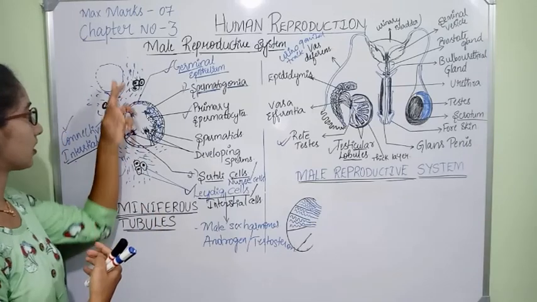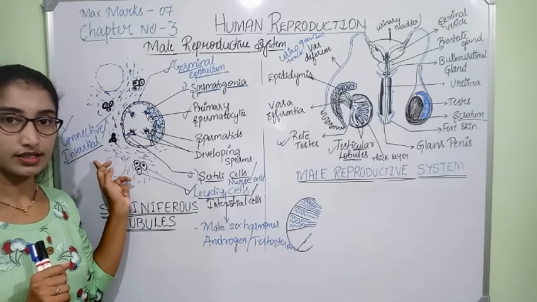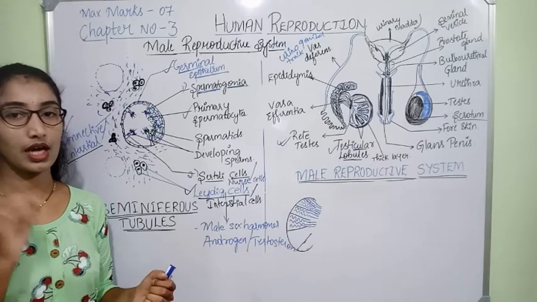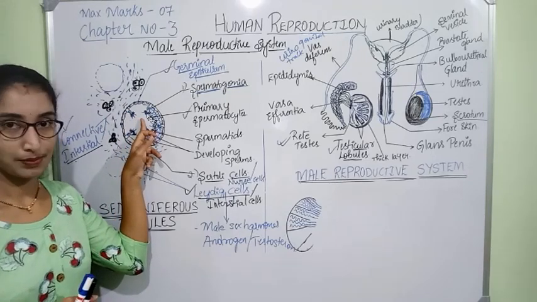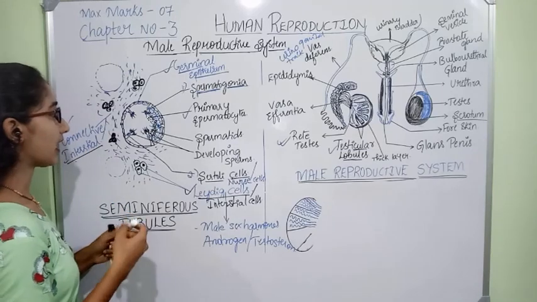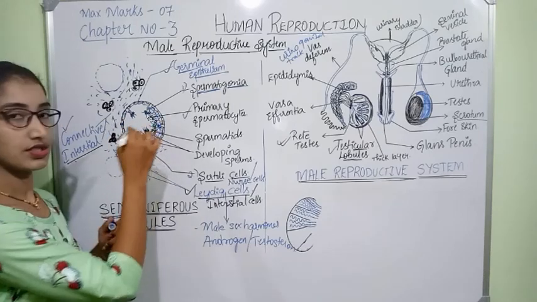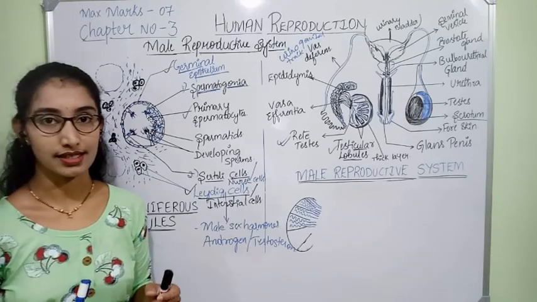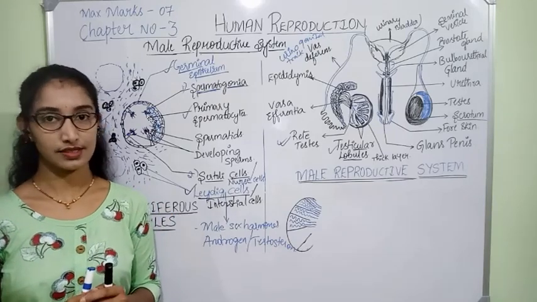The seminiferous tubules are spherical or oval in shape, and they consist of germinal epithelium cells as the outermost lining, giving the outer coat for the seminiferous tubules.